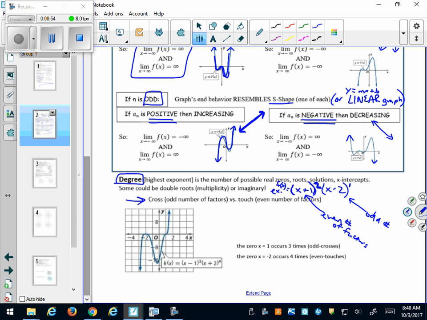So this particular example that I just randomly came up with, at x equals -1, there's an even number of those factors. We know it's just going to touch, not go through, right? And at x equals 2, it's going to have an odd number of factors, right? So it's going to cross. It's going to actually go through like this.